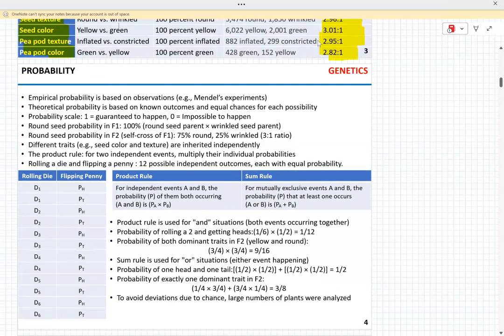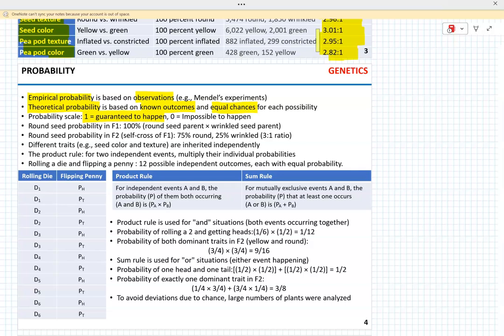Probability can be empirical or theoretical. Empirical probability is based on observation, such as in Mendel's experiments. Theoretical probability is based on the known outcomes and equal chances for every possibility. In probability, if the value is 1, it means that something is guaranteed to happen.